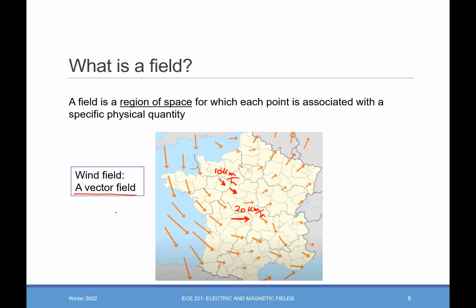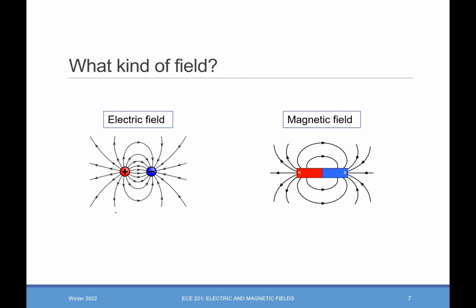Okay, so far we learned what a field is, and we saw that we are mainly concerned with two types of field in this course: a scalar field and a vector field. Now, when we go back to the electric and magnetic fields, I think I loaded a previous version of my slides, but anyway.